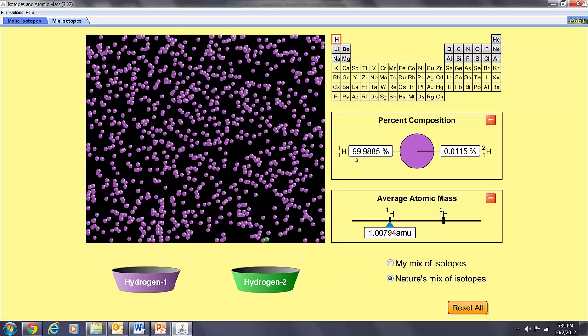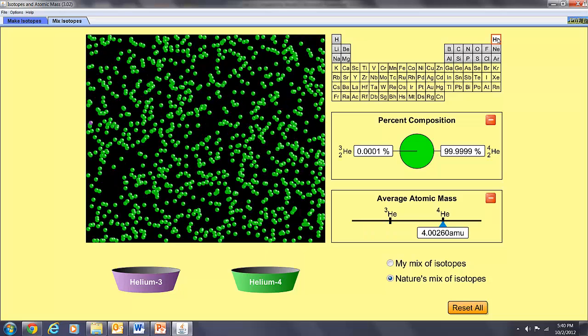Hydrogen 1 has 1 proton and 0 neutrons, and hydrogen 2 has 1 neutron and 1 proton. 99.985885% is from hydrogen 1. There is actually a hydrogen 3, but it's in such a small amount that, when we start doing the calculations, you're going to see what a small contribution it has.